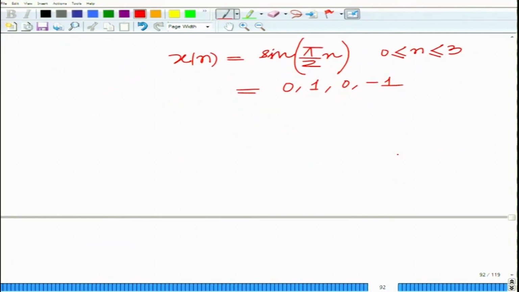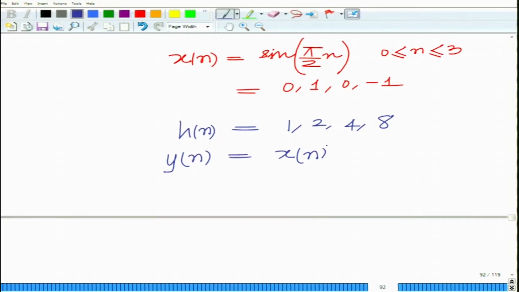And further, the sequence h[n], or you can consider the impulse response of the system h[n], to be 1, 2, 4, 8, and y[n] equals x[n] circularly convolved with h[n].